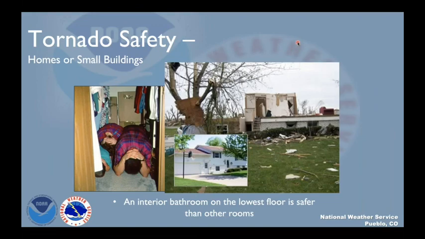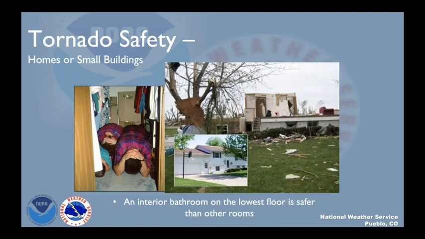So tornado safety. If you're in a home, what you want to do is get into an interior room or an interior bathroom, or if you have a basement, go into your basement. Those are the safest ways, or less likely to collapse. For example, this is an interior room, likely a bathroom.